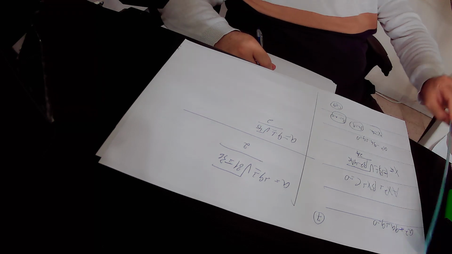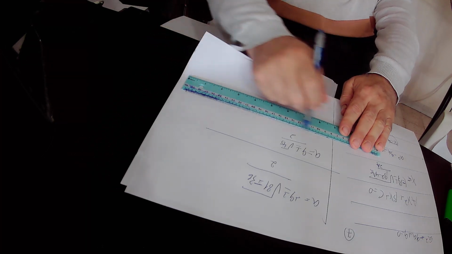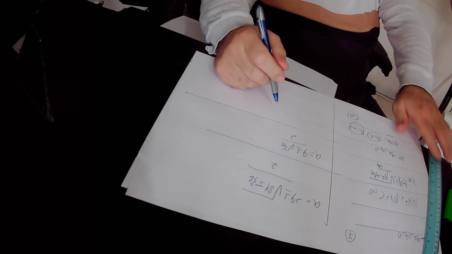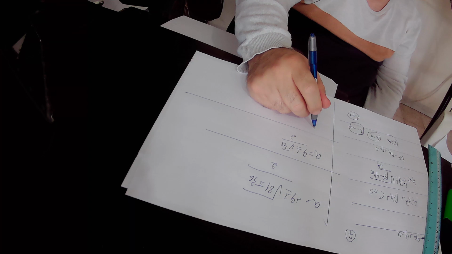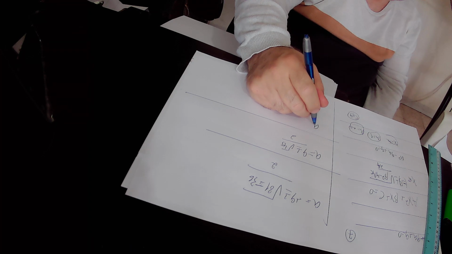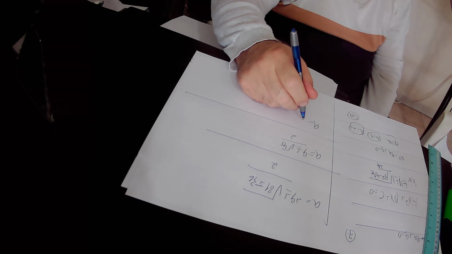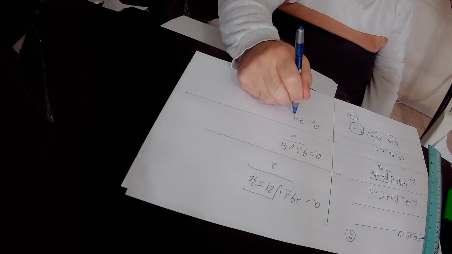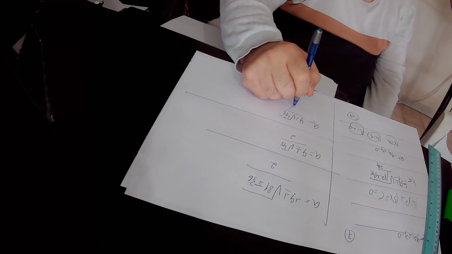So here we have two possible solutions for A. A is the radius that we are looking for in this question. It's the radius of the small circle. So according to the first solution, A equals 9 plus square root of 45 over 2.